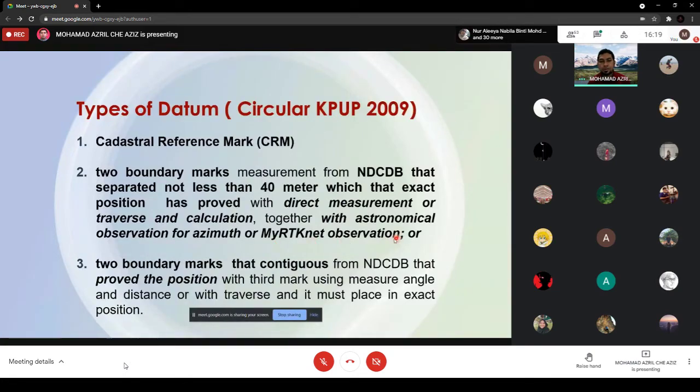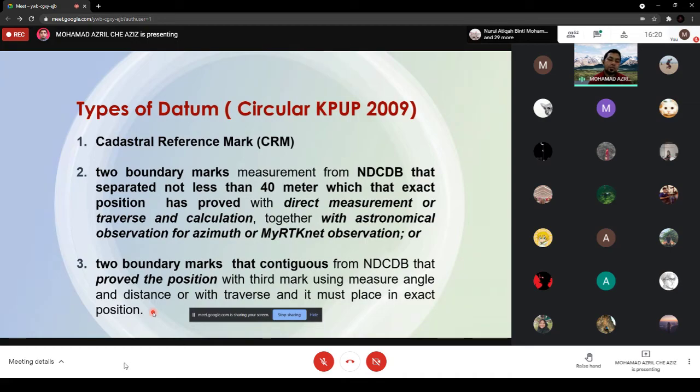As I mentioned, you have two boundary marks and then you do the solar observation. Number 3 is two contiguous boundary marks from the NDCDB, with the position proved by a third mark using measured angle and distance, or by traverse, and it must be in the exact position.